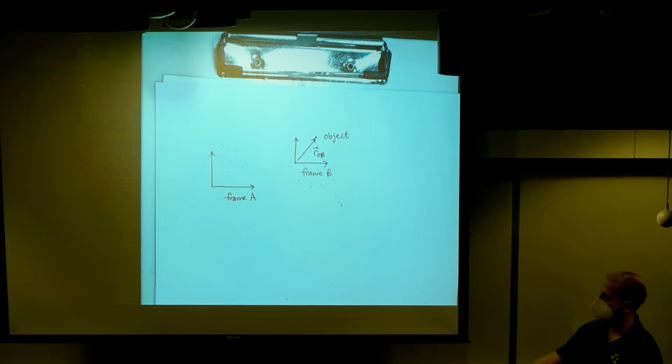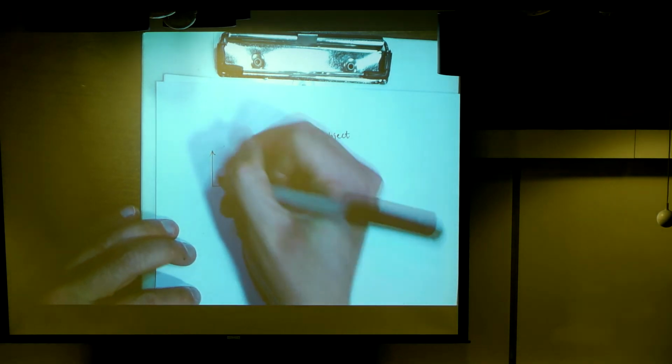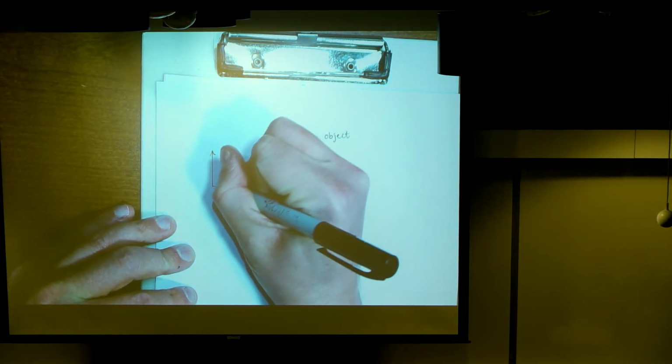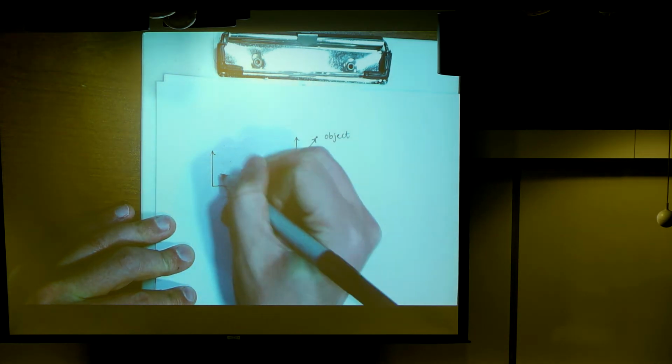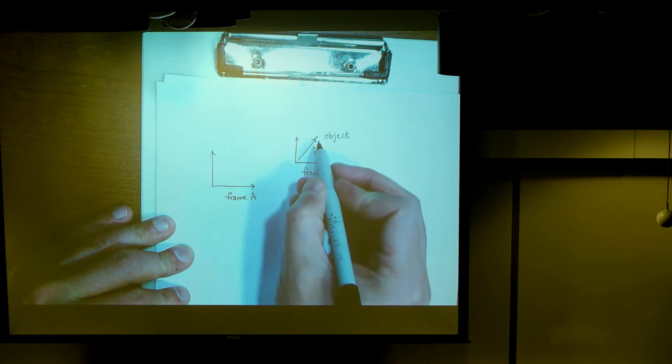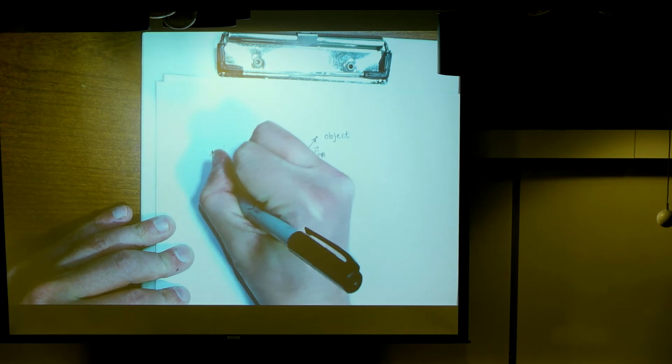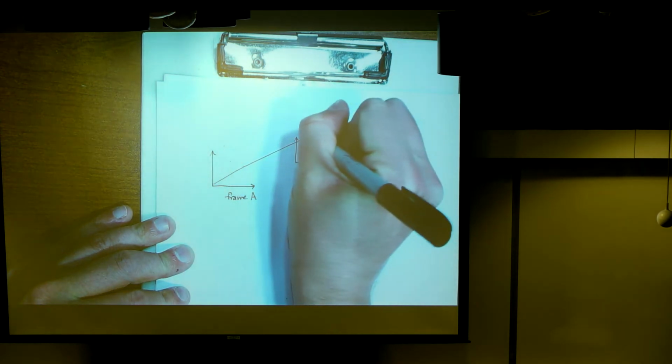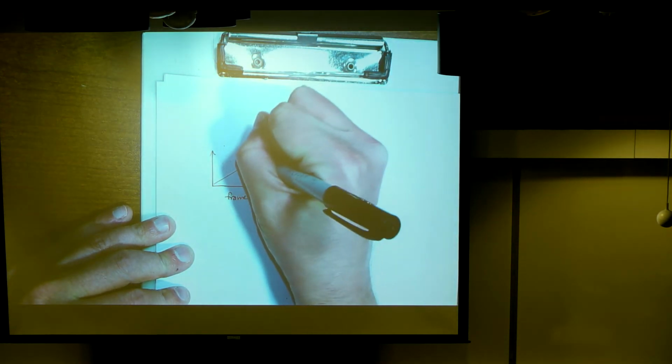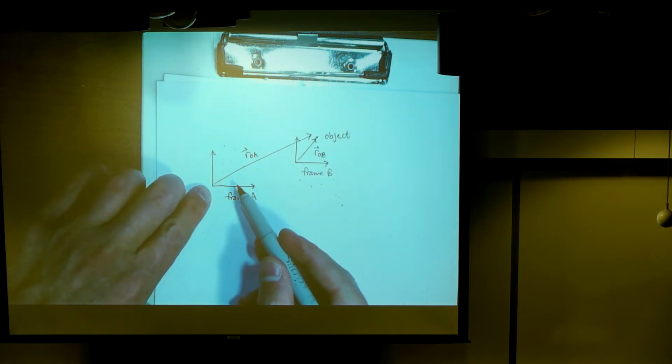Okay, ROB means position of our object in frame B. Okay, if I take a vector that goes from the origin of frame A all the way out to the object, that would be ROA. It's the position of our object as measured in frame A.